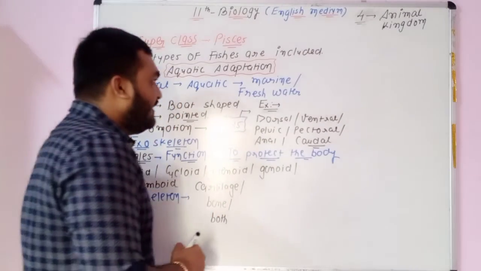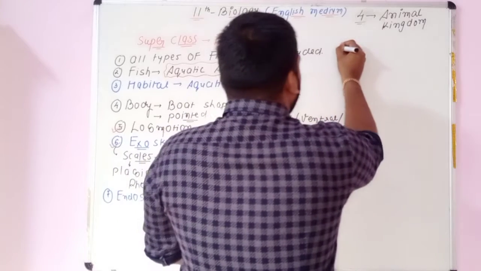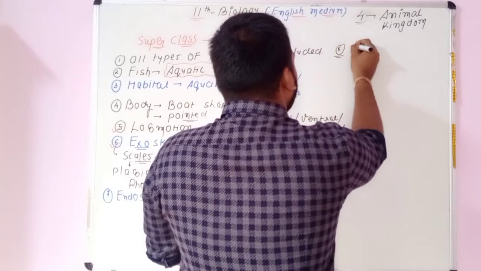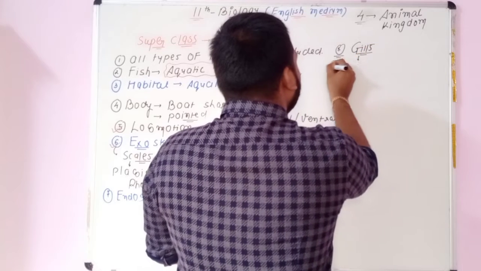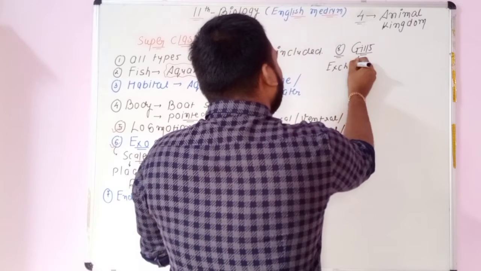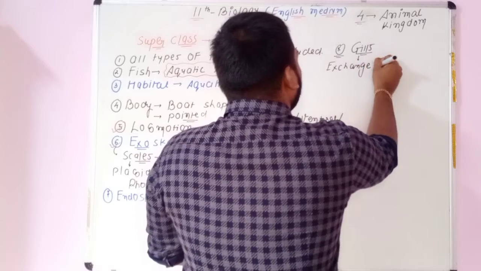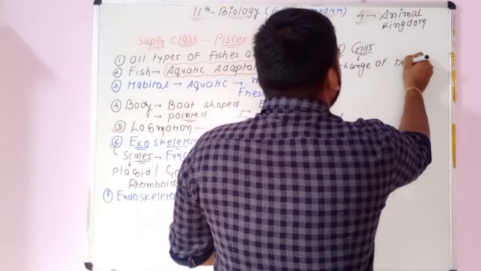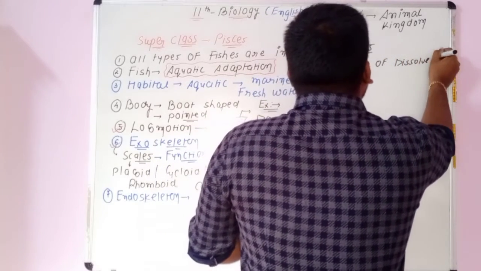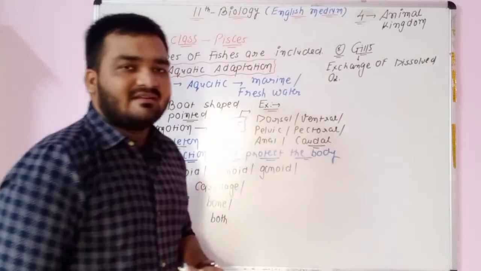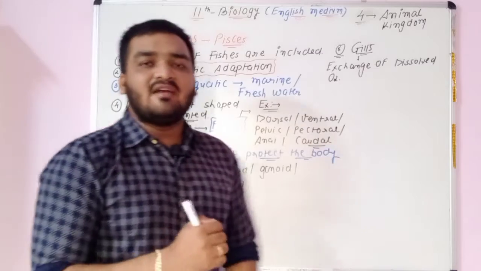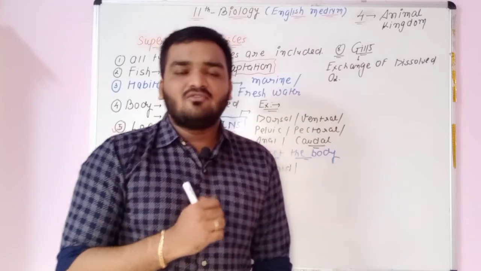Then point number 8, what about respiration? Presence of gills. With the help of gills, the exchange of dissolved oxygen takes place.